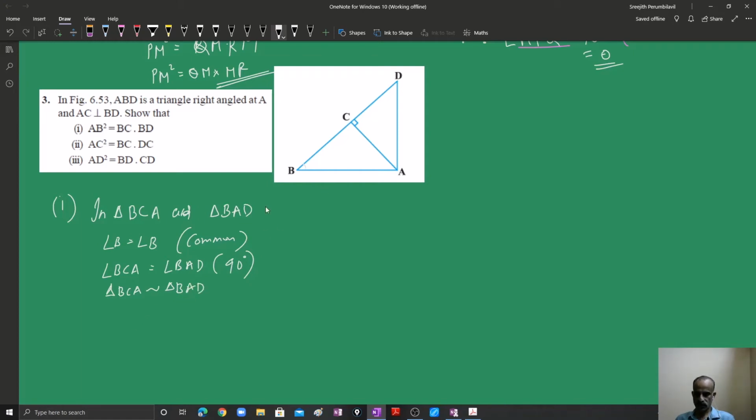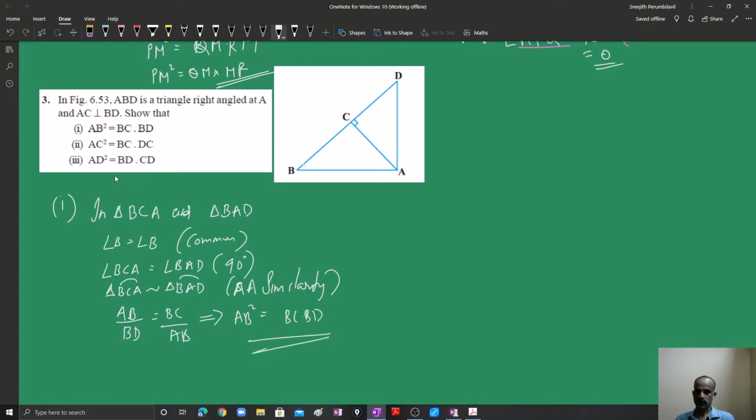That means one of the smaller and the larger. I am talking about AB square. Therefore, which similarity? AA similarity. AB by BD is equal to BC by BA, which implies that AB square is equal to BC into BD.